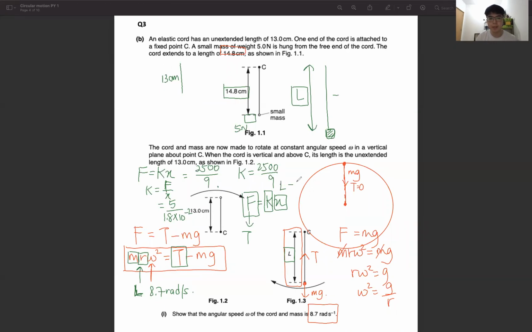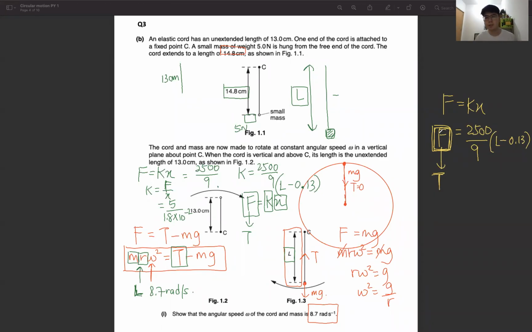So L minus 0.13. That is my x. My equation, I write it here: F equals kx equals 2500 over 9 times (L minus 0.13), equals the force pulling the spring, F. This is the tension.